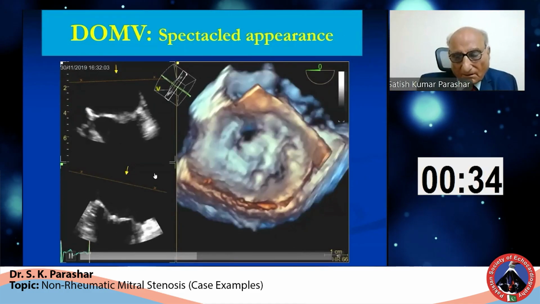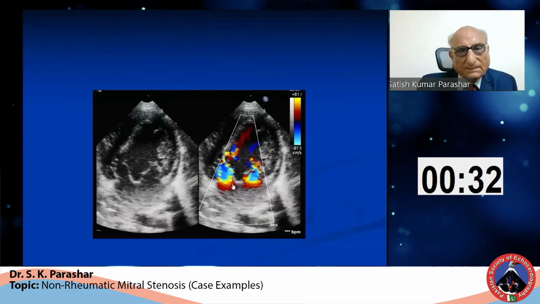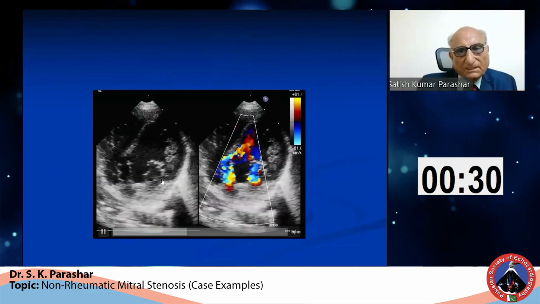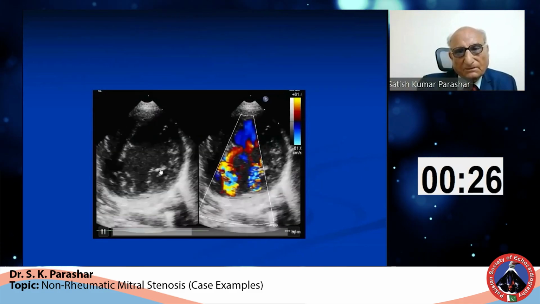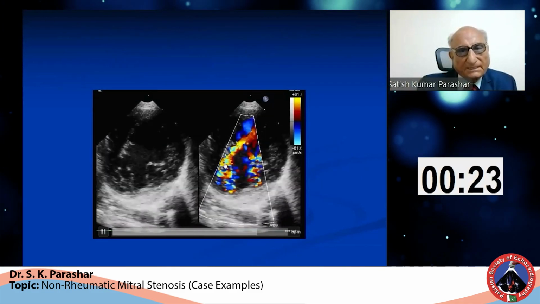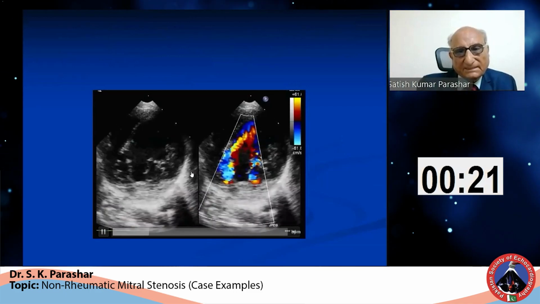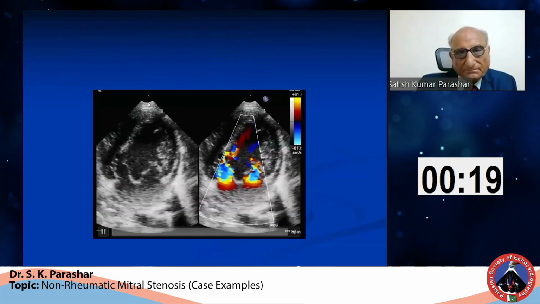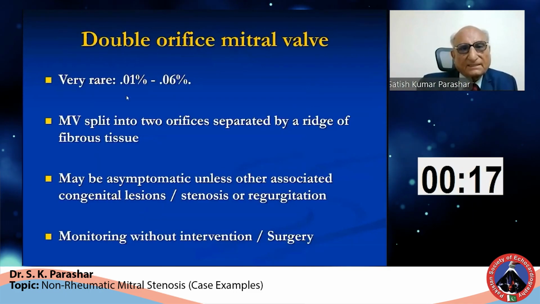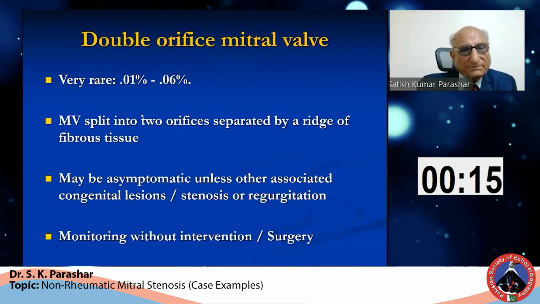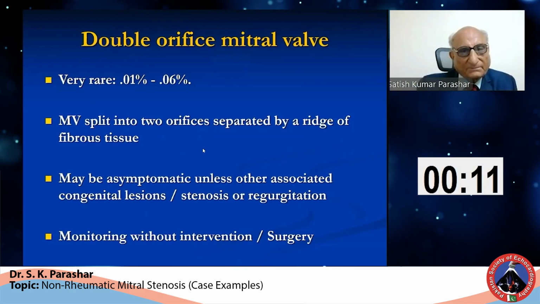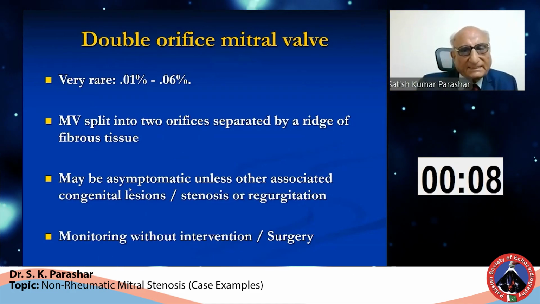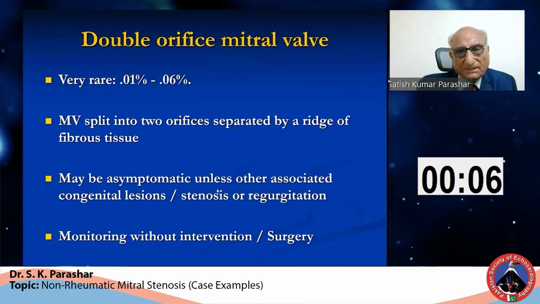Now, this is not the same patient, but it tells you that there are two different orifices, and flow goes across each, and they may have their own chordae and papillary muscle. It is a very rare condition, 0.01 to 0.6%, where the valve is split into two orifices separated by a ridge of fibrous tissue, and may be asymptomatic as this patient was.